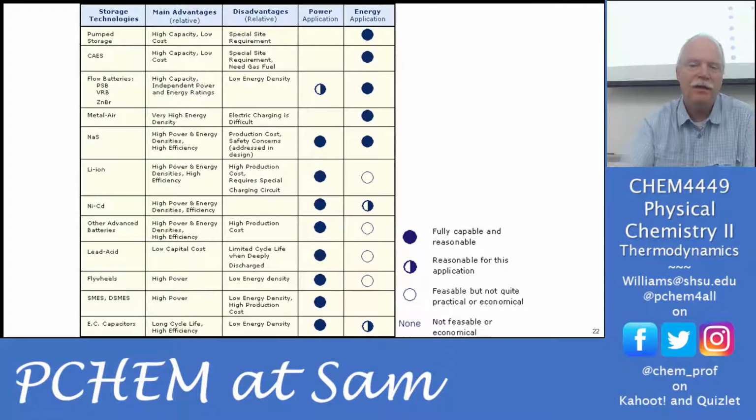So this chart shows all of the different things that we've talked about. And we really have these two categories: energy storage versus power storage. Power storage would be what I'm talking about, like short bursts of power, so high current.